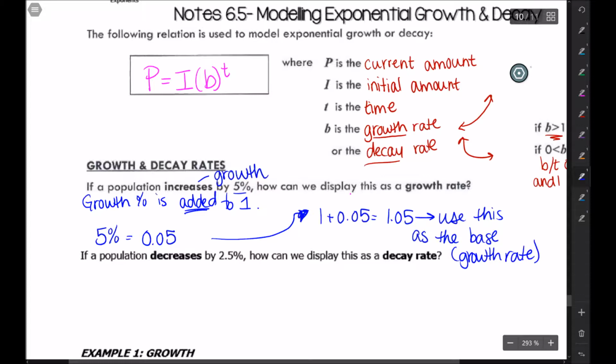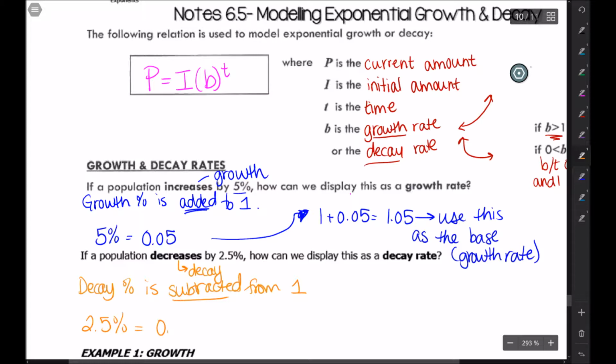So we're going to use this as the base, and it's the growth rate. Okay, but for the next one, it says a population decreases. So this time, this is not growth, it's actually decay. So it's decay by 2.5%. So a decay percent is not added, it's actually subtracted from 1. So let's write 2.5% as a decimal.